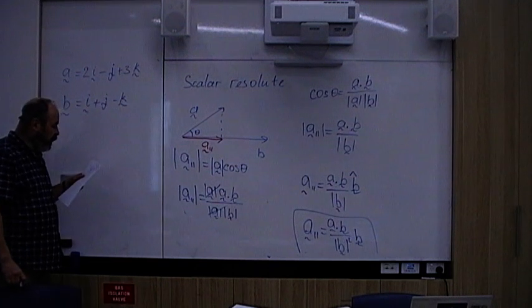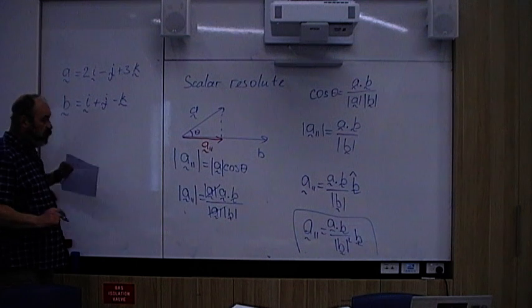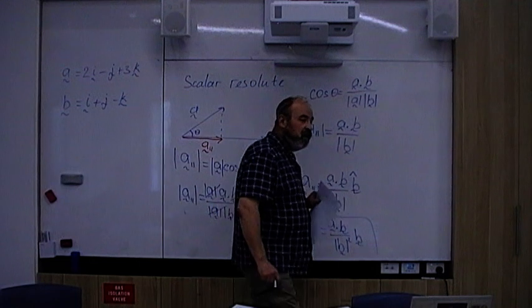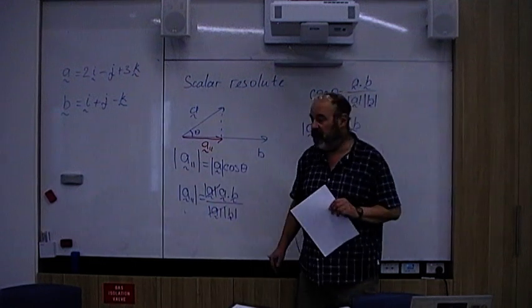The question asks: find the vector resolute of A perpendicular to B. But to find the perpendicular, we first need to find the resolution of A parallel to B.